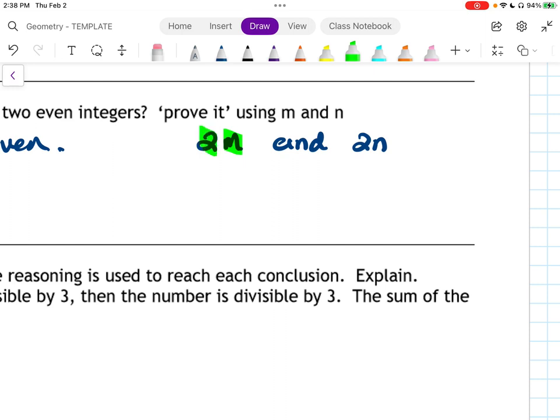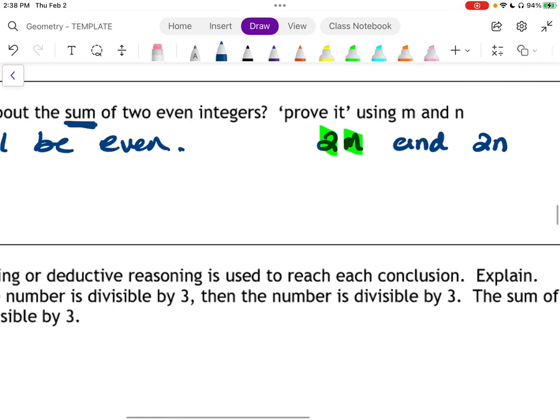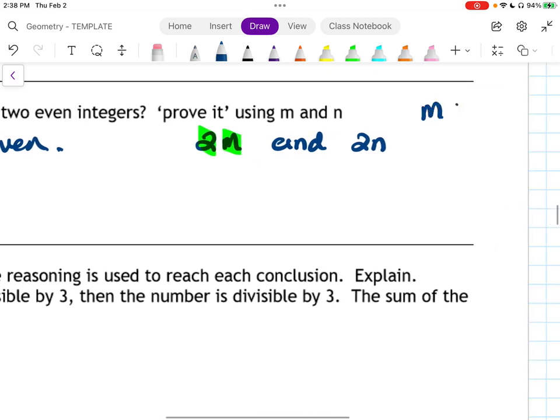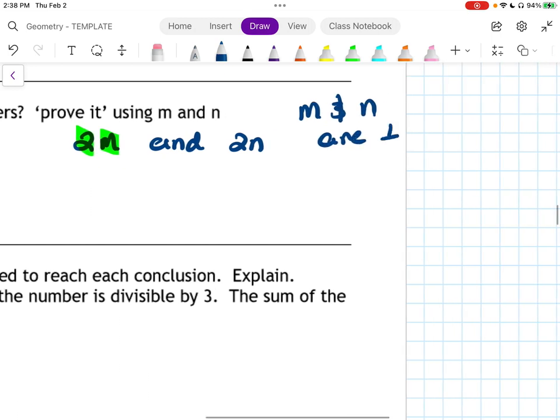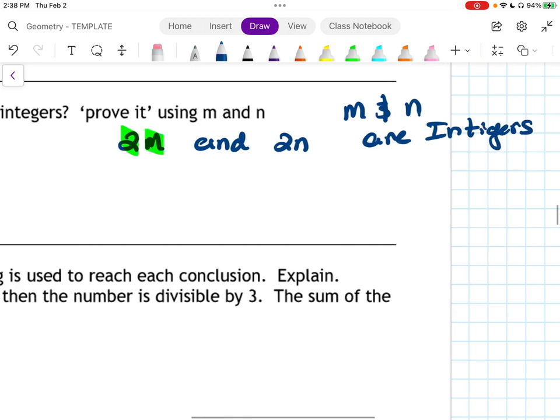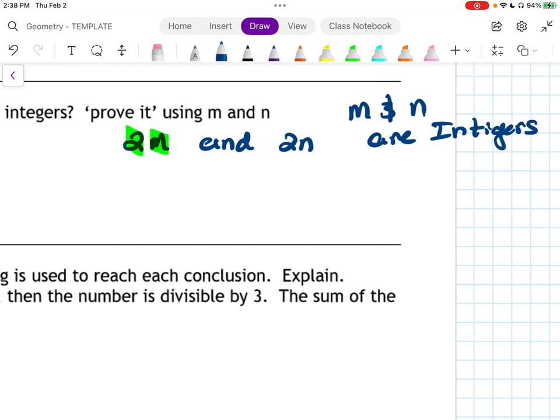But if you take it and multiply by 2, now it has to be even. So we'll say m and n are integers, and then by listing them as 2m and 2n, they have to be even.